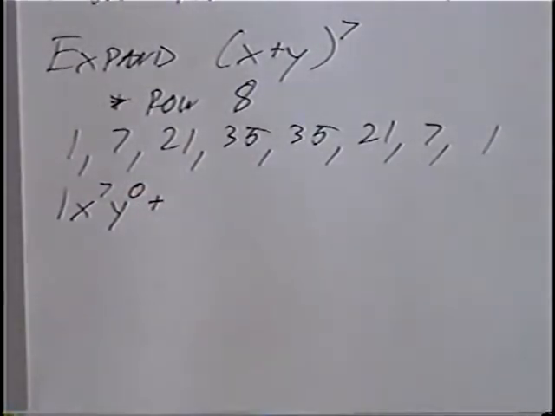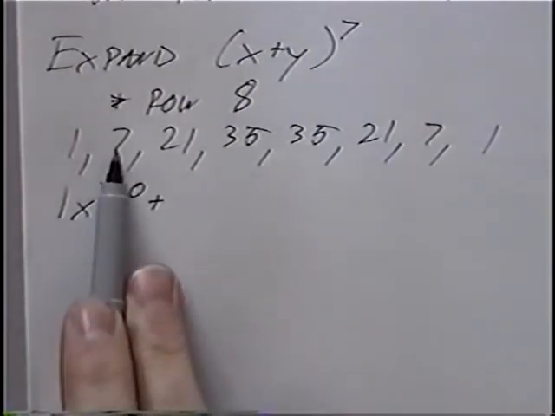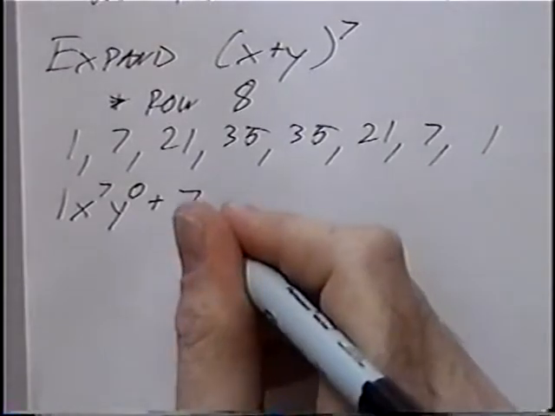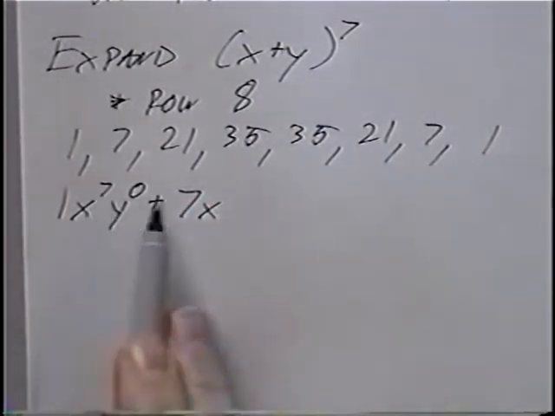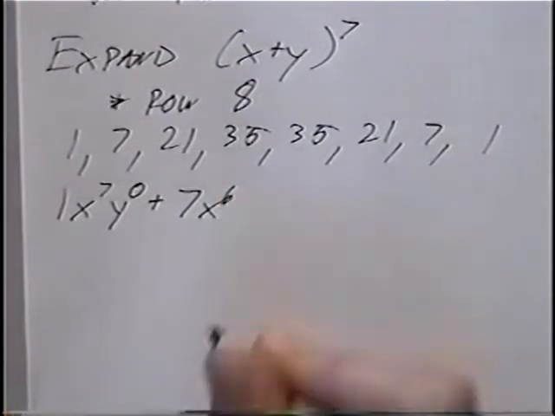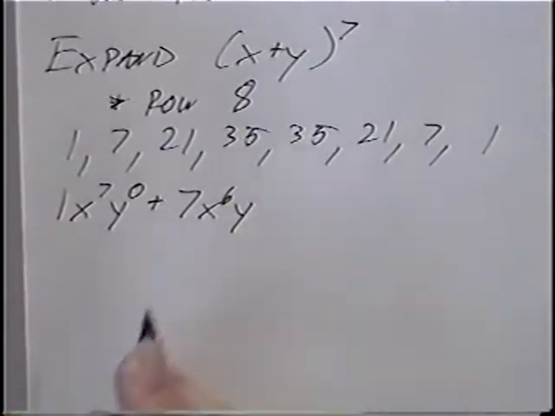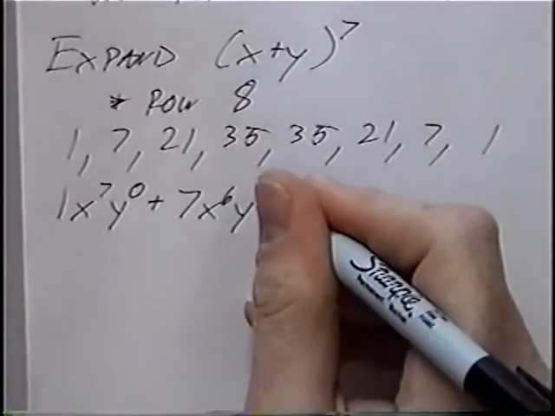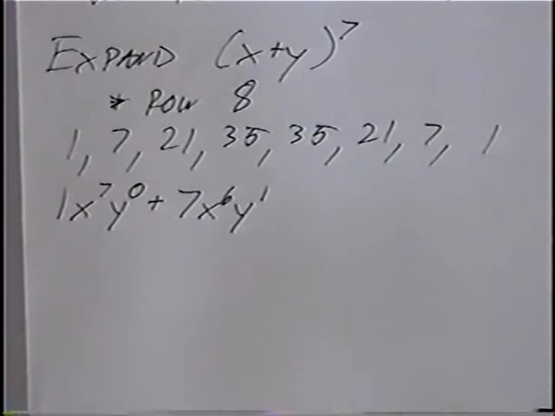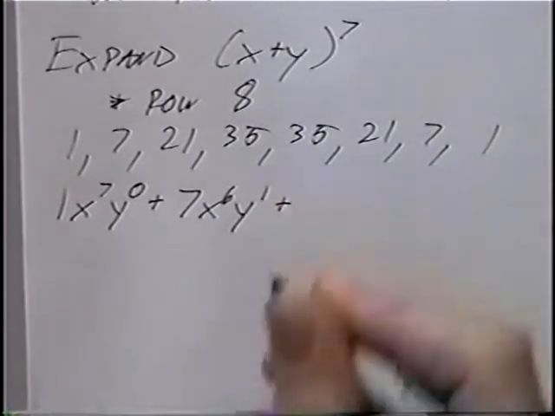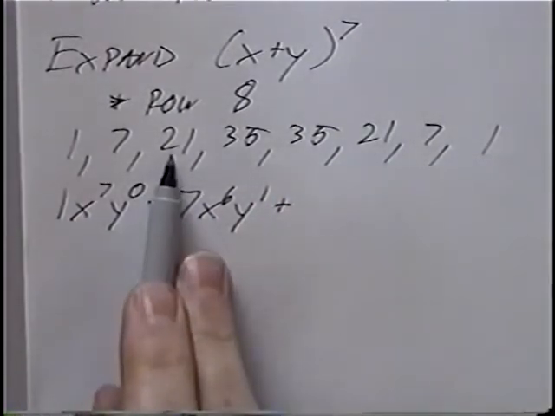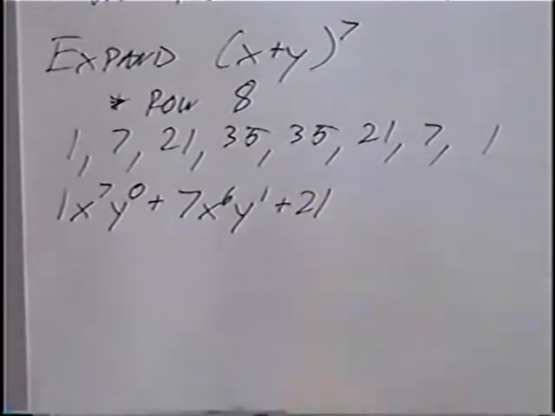And then plus our second term will be the second coefficient or second number, which is 7. The exponent on the x will decrease by 1, x to the 6, while the exponent on the y will increase by 1, y to the 1st. Plus the third term, we'll use the third number 21.